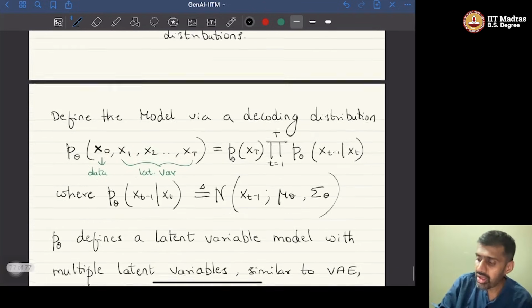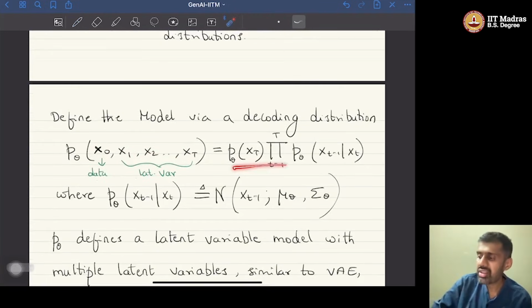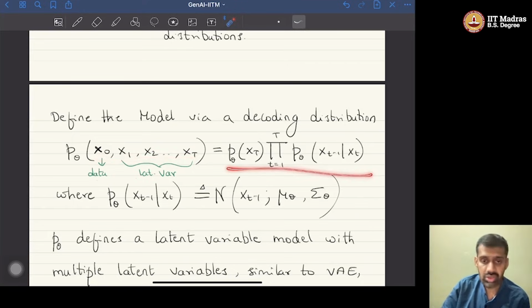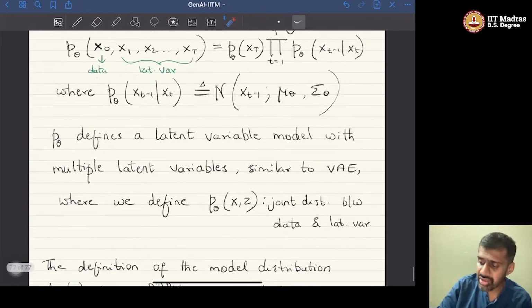This particular definition that we gave here is pretty simple. If you take a Markov chain and want to write down the joint distribution of all the random variables involved in a first order Markov chain, this is how it looks. That's by definition. We've also made the assumption that the transition probabilities are Gaussian, with a mean mu theta and a variance sigma theta that are learnable.